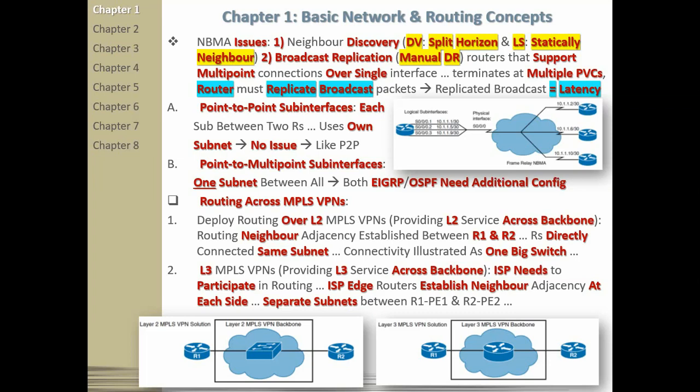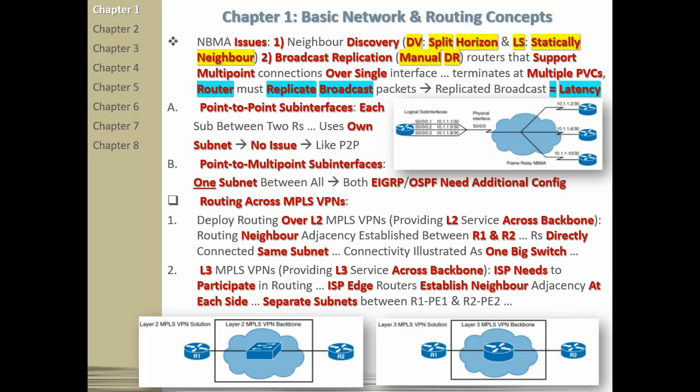This is not the case with layer 3 MPLS VPNs, where we provide a layer 3 service across the backbone. If we have a layer 3 MPLS VPN, then ISPs are expected to participate in routing as well. So ISP edge routers, not shown here, also need to establish neighbor adjacency at each side with R1 and with R2.